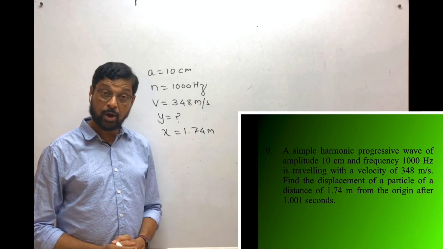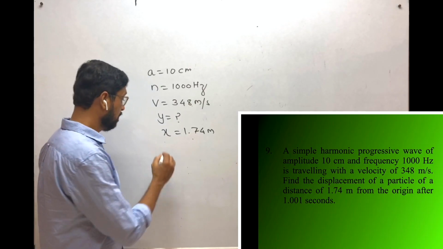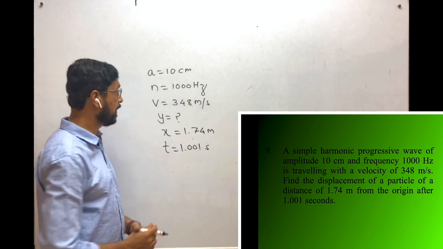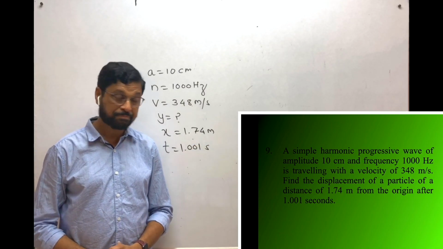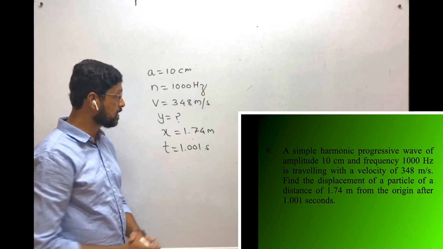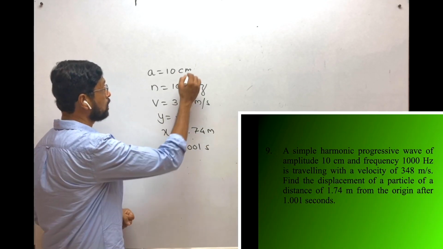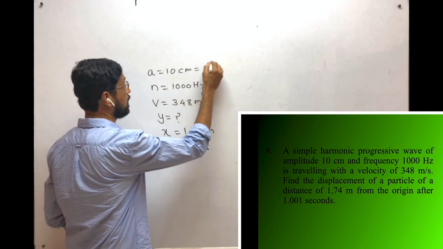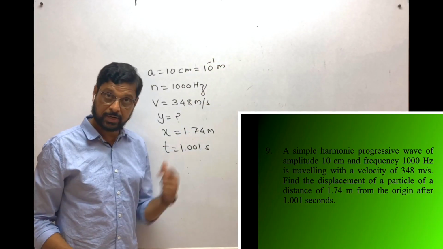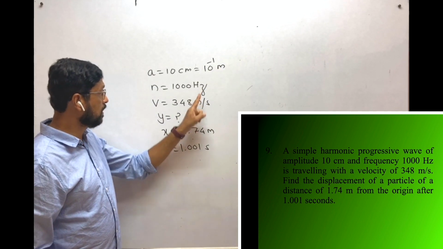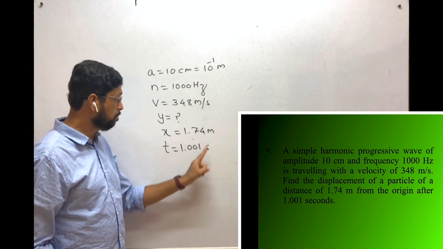After 1.001 second, means time is equal to 1.001 second. Right? First of all, check the system, because now we have to make the calculations. So 10 centimeter, that is 10 raised to minus 1 meter. 10 into 10 raised to minus 2, that is 10 raised to minus 1 meter. This is in hertz, meter per second, meter, second.